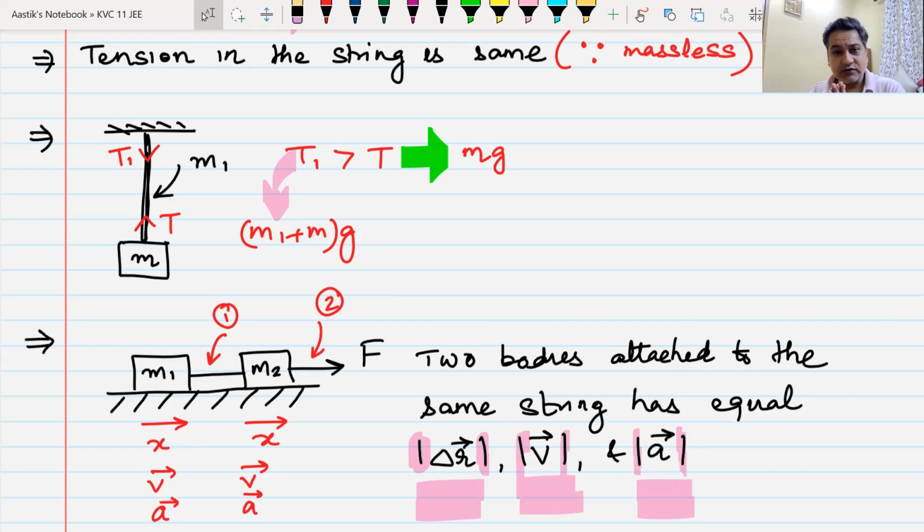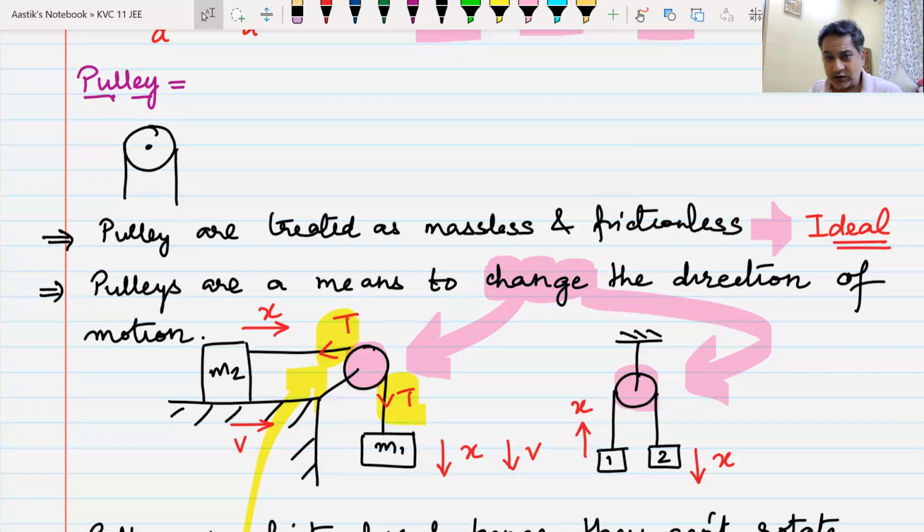Two bodies attached to the same string will have same magnitude of velocity, displacement, acceleration. If you want to change the direction of motion, what do you bring? You bring a pulley, which are frictionless and massless. They do not rotate. String only slips on it, and it's a means to change the direction of motion.